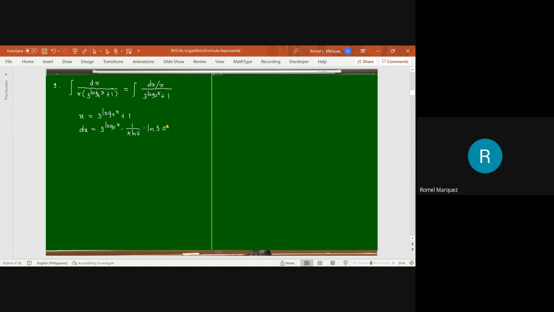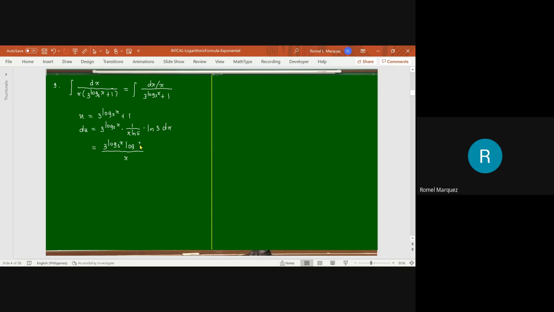Then dx. Let's arrange it: 3 to the logarithm of x to the base 5 over x. The ln 3 over ln 5 can be written as one log.